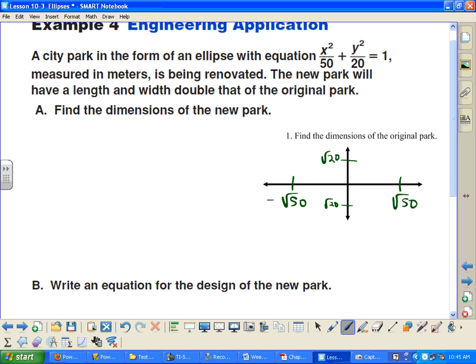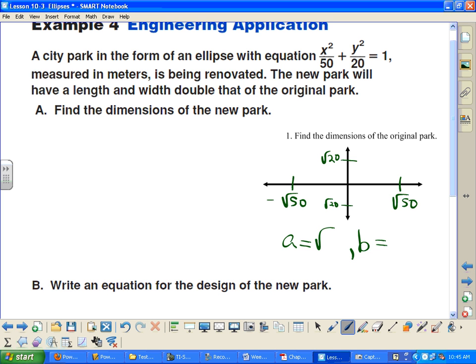Now, what is the value of A and what is the value of B? You already told me what they are. Square root of 50 and square root of 20.